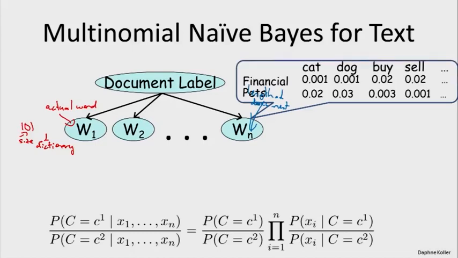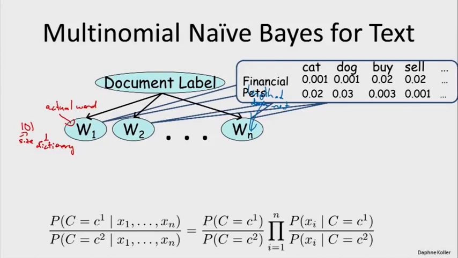But we're going to address that by assuming that these probability distributions are all the same. And so the probability distribution over words in position 1 is the same as for words in position 2, 3, and so on. Now, this is a multinomial naive Bayes model because notice that the parameterization for each of these words is a multinomial distribution.